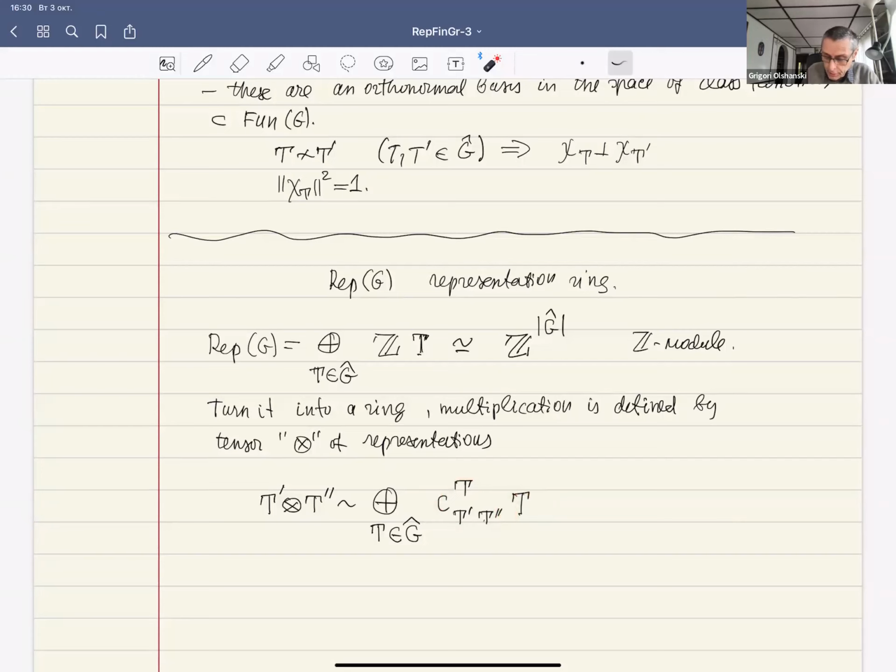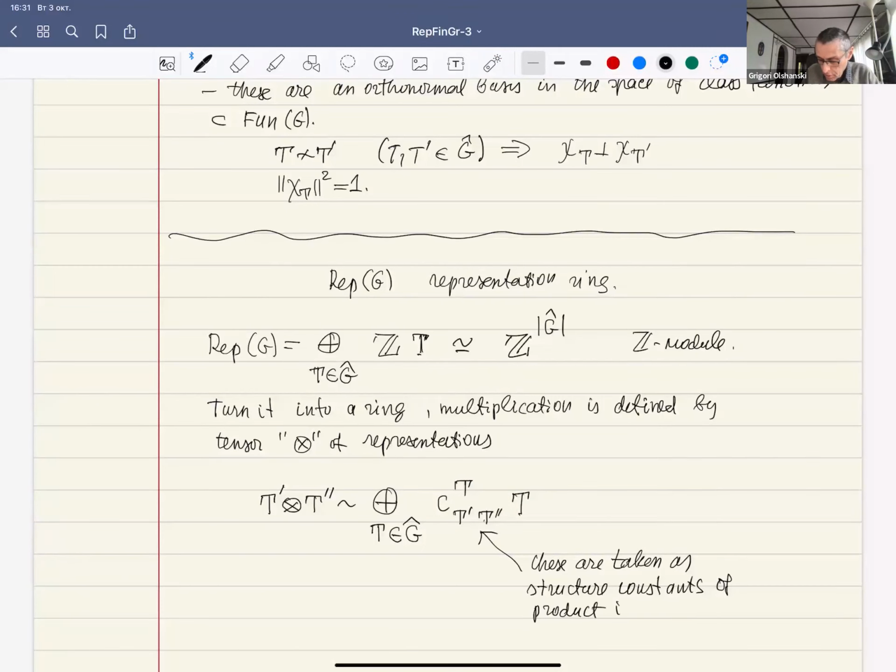And by the very definition, we take these multiplicities as the structure constants of product in the ring.